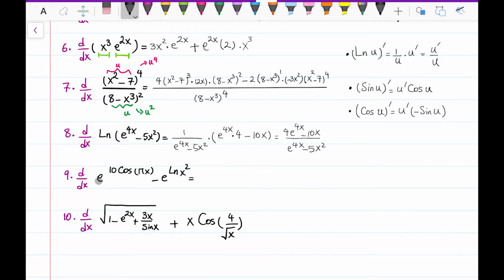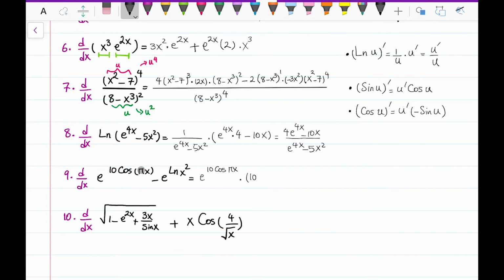So let's look at here. I have e to the power of a function. Derivative of that, as we reviewed, would be the same thing, I mean, e to the 10 cosine of pi x times derivative of the function. So derivative of 10 cosine of pi x: 10 is just a number, I need to keep it, and then cosine of a function u.